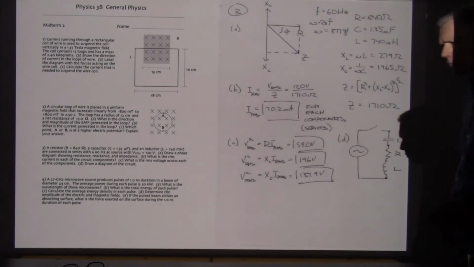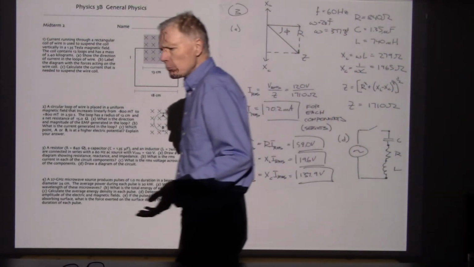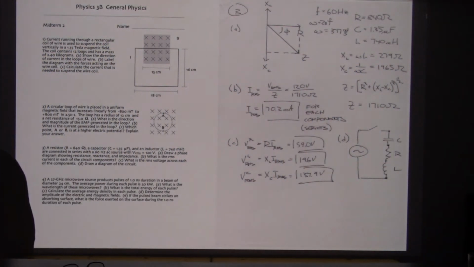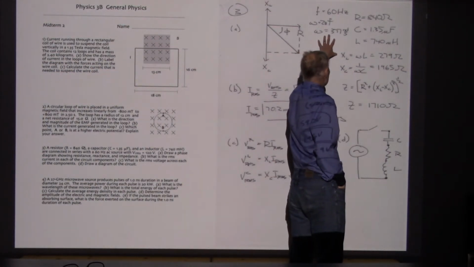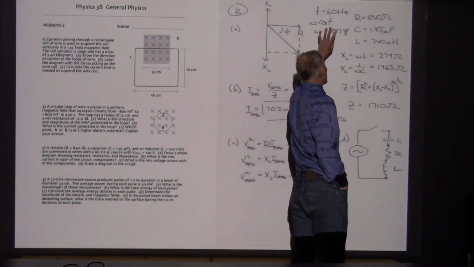Pretty much any electrical appliance that plugs into a wall outlet is going to say it's designed for 60 hertz. And in radians, that turns out to be 377 almost exactly.